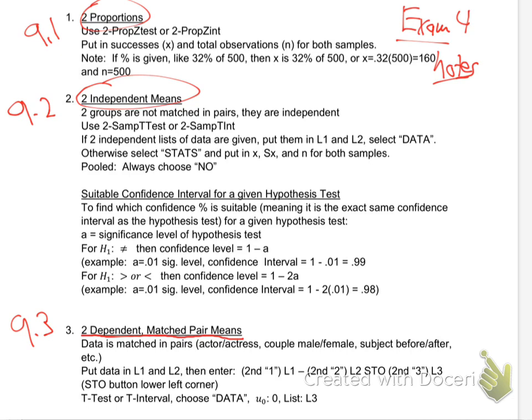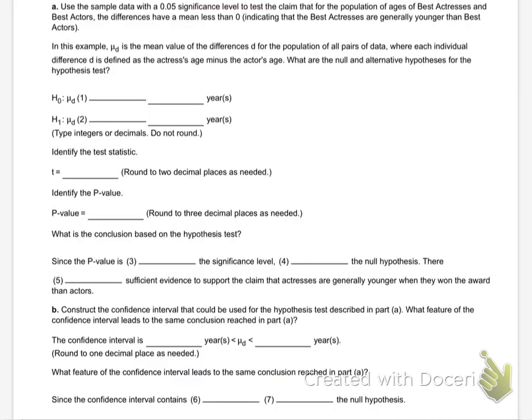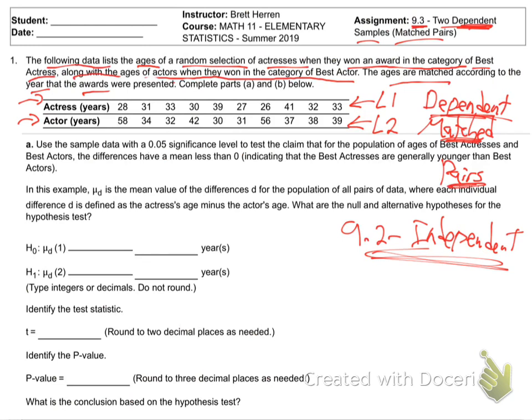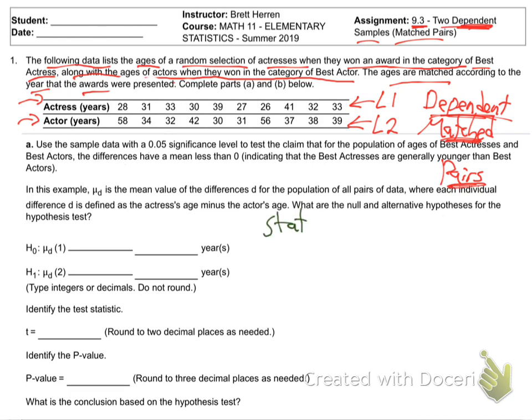How do you do it? Data's in matched pairs. Actors, actresses, couples that are male, female, subjects before and after, etc. Put the data in L1 and L2. So that's the first thing. Let's go back here. So take your calculator. Let me get rid of this. We're going to go to Stats, or hit the Stat button on your calculator, and go to Edit.